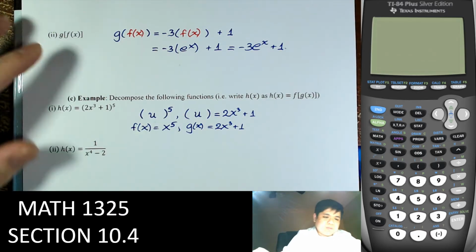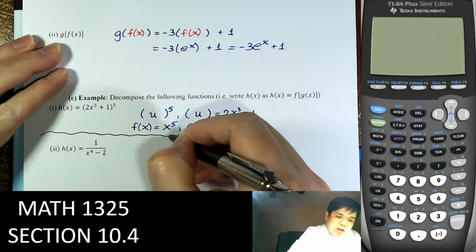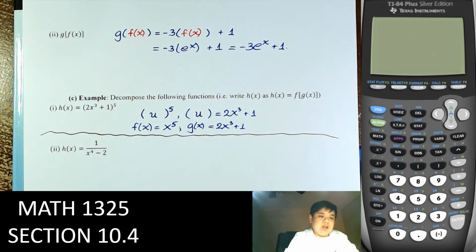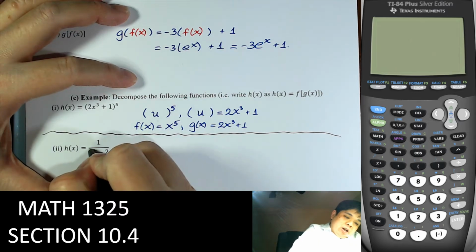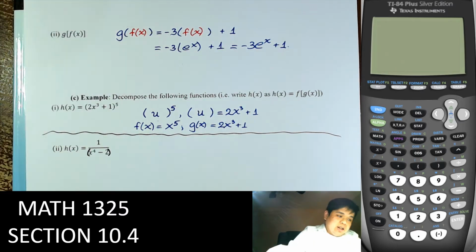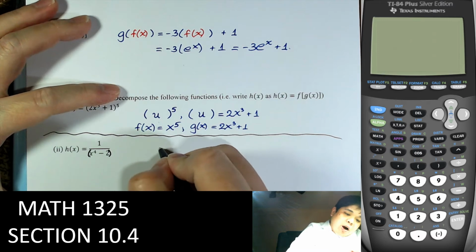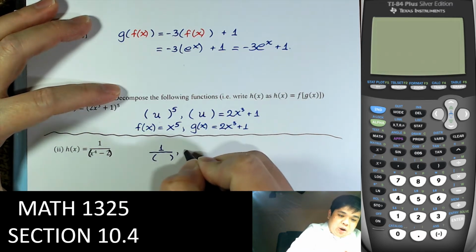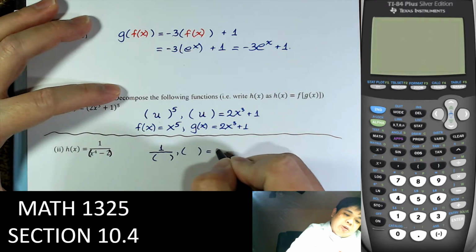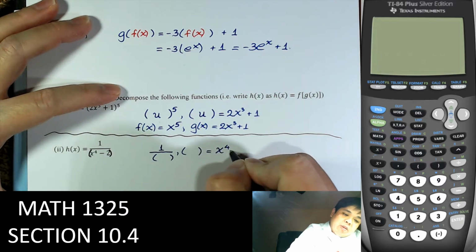So the key here is just to decompose the function into two functions. Like if we put the parentheses around like this, we will have 1 over a parentheses, and the parentheses is equal to x to the 4th minus 2.